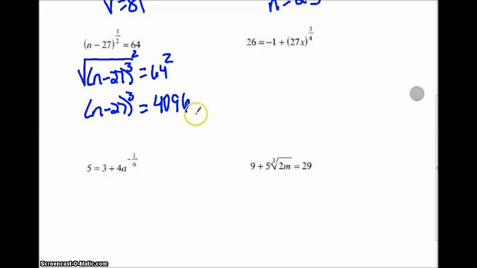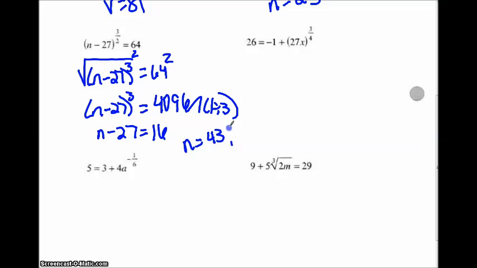Then you're going to have to raise it to the 1 divided by 3 to uncube it. And so you have n minus 27 is equal to 16. Add your 27, and you get n is equal to 43. You deal with the 27 very last because it was trapped inside.